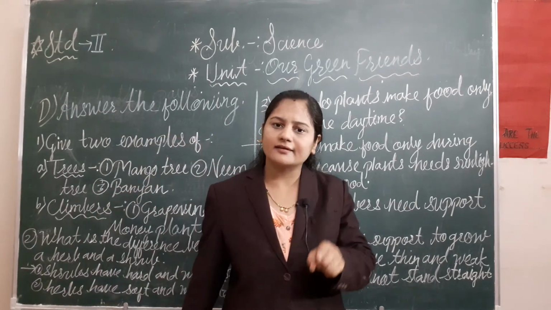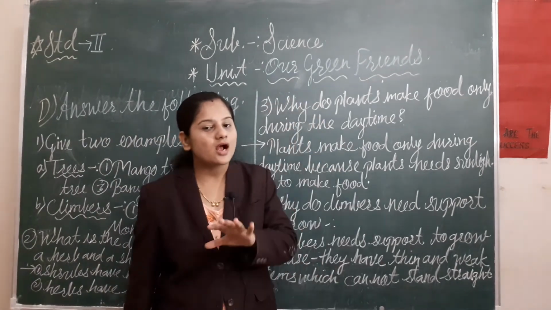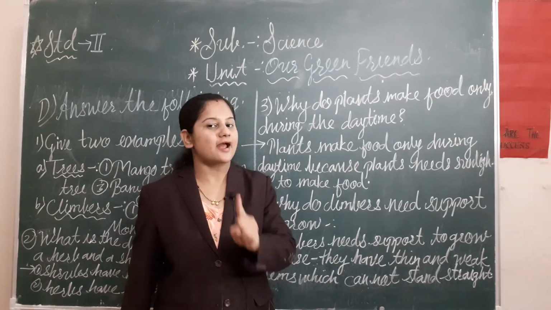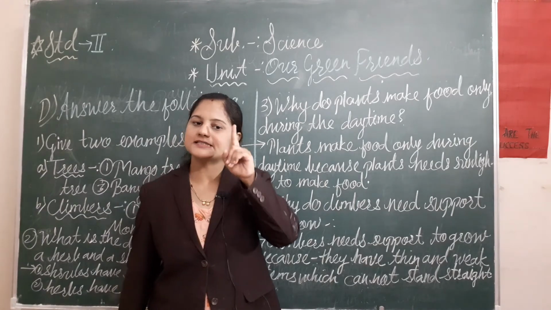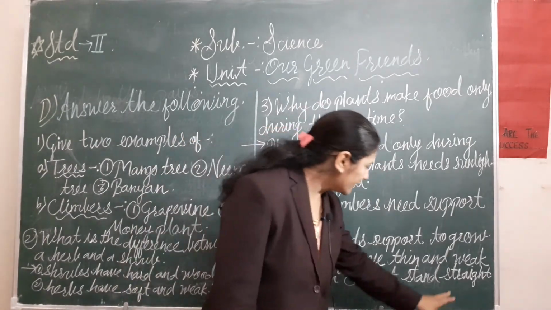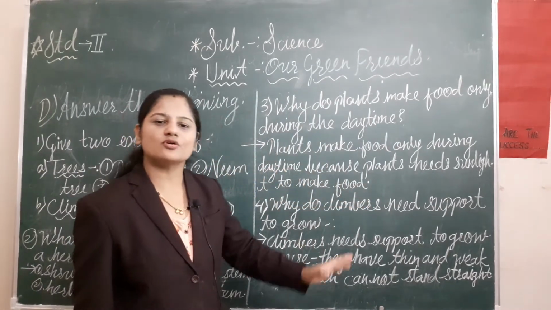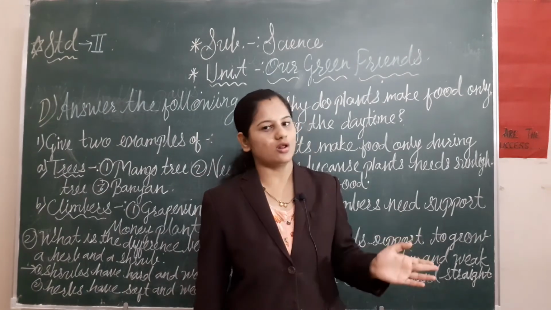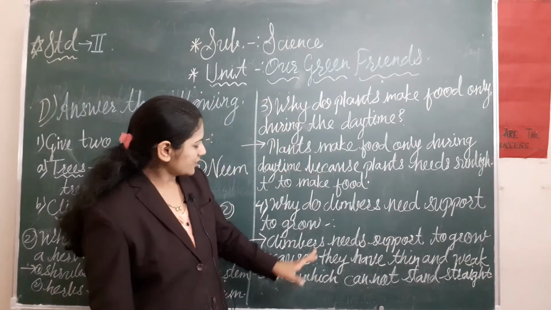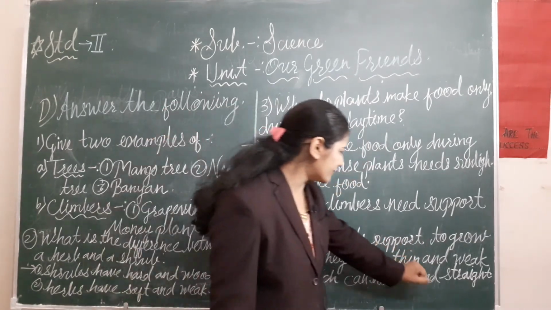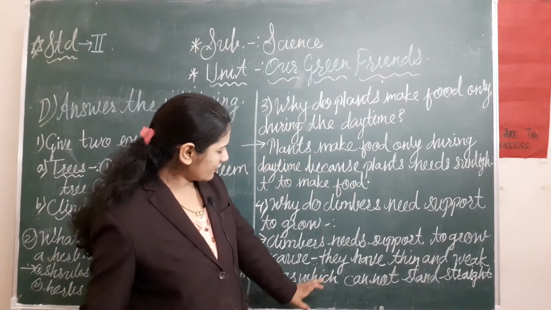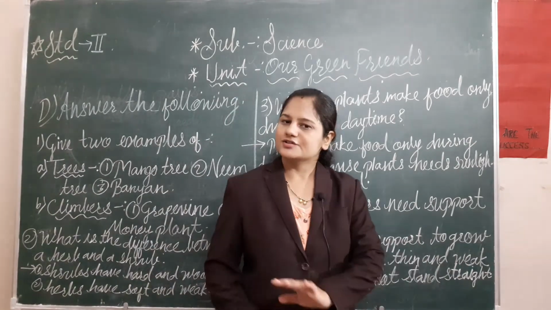Due to that thin stem, they are not able to stand straight. That's why they need the support of another plant, wall or stick. So climbers need support to grow because they have thin and weak stems which cannot stand straight.